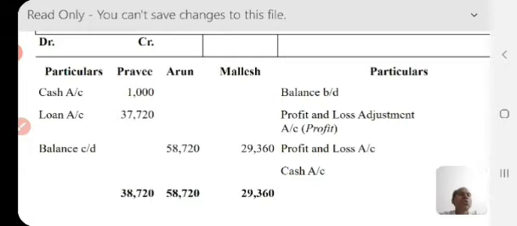And balance of Arun is 58,720. The balance of Malesh is 29,360.